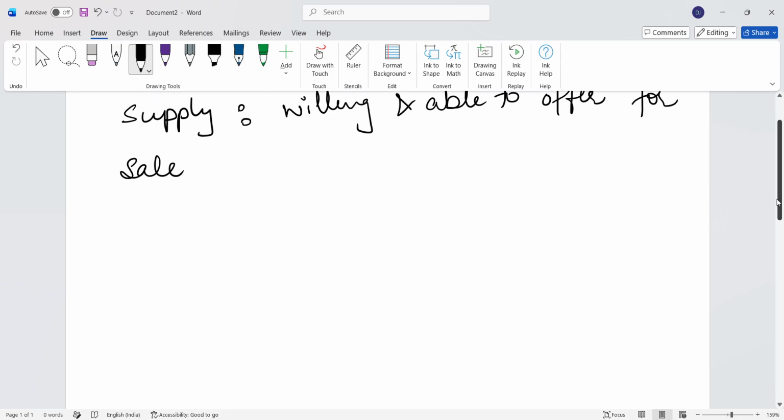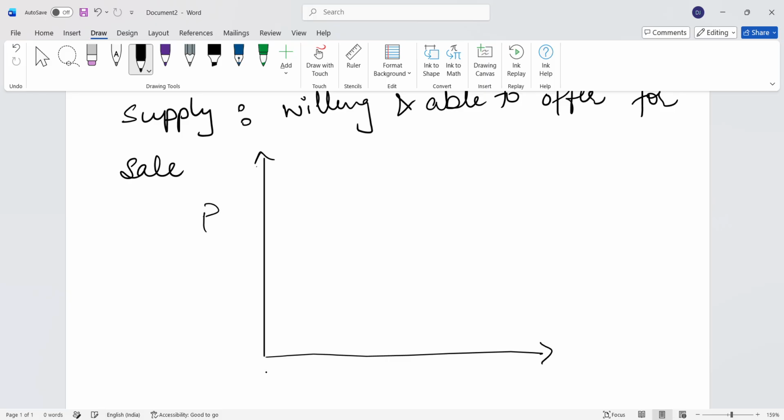All right. So, given this, the supply curve will be on these two axes. Again, we'll have price on the y axis, and instead of quantity demanded, I'll have quantity supplied. That's the difference.